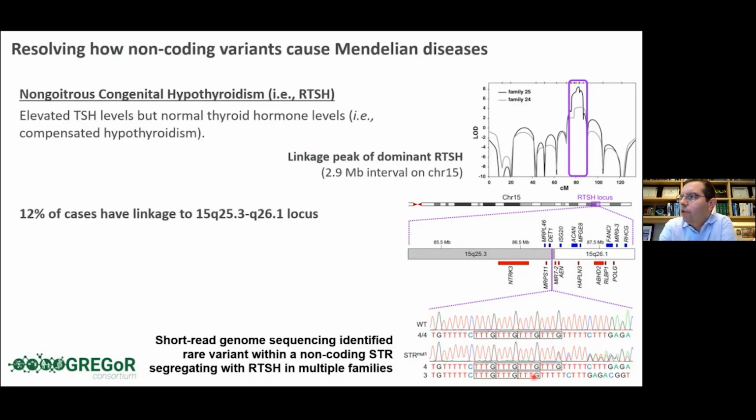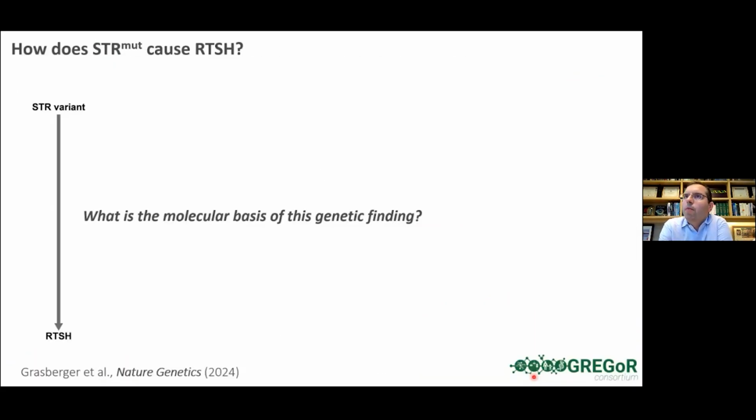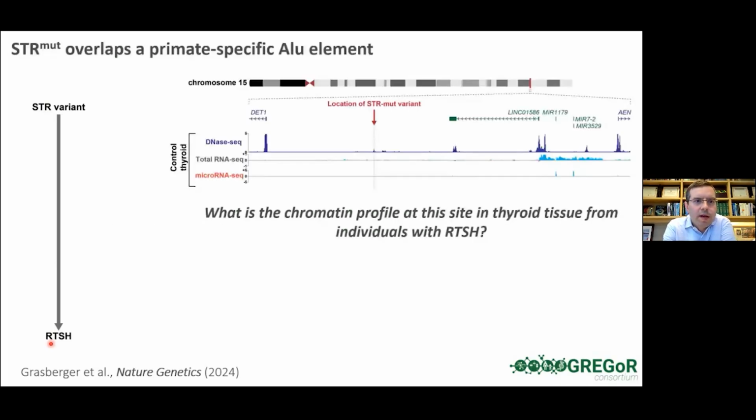However, one of the challenges faced by our collaborators was that they had this variant and this condition, but didn't know how exactly the variant was mediating the condition. The reason is that this variant is located in the middle of nowhere between several genes, none of which were associated with any thyroid phenotype.